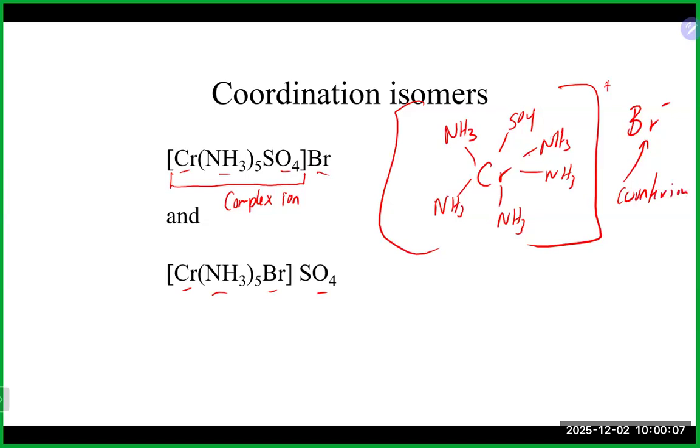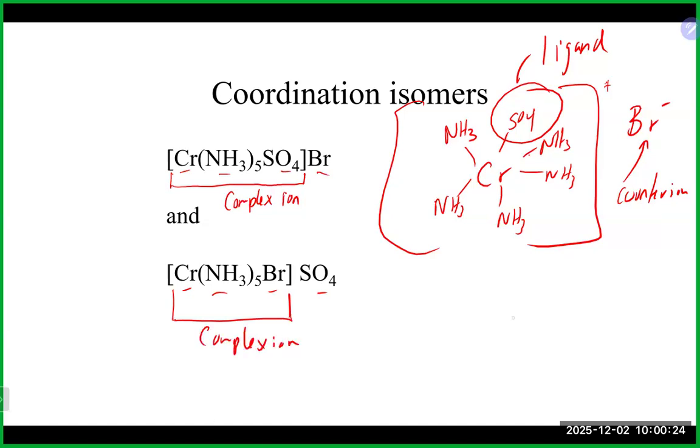So in the first one here, the sulfate is actually a ligand, and then the bromide there is actually a counter ion that is present. And that's different than when we look at the second one here, which is, again, part of our complex ion. Here we have our chromium in the middle, again, attached to our 5 NH3s.